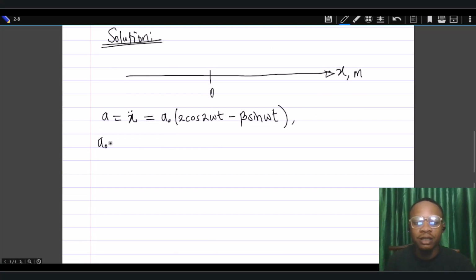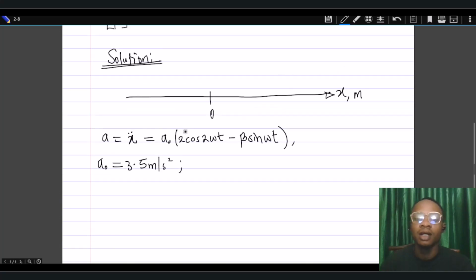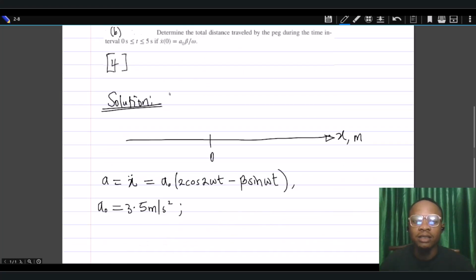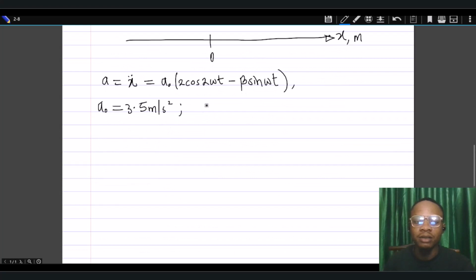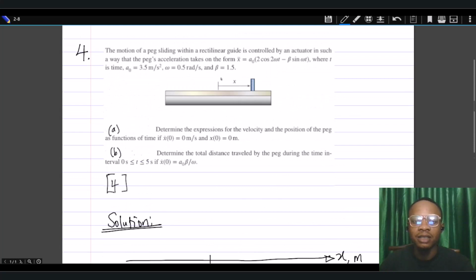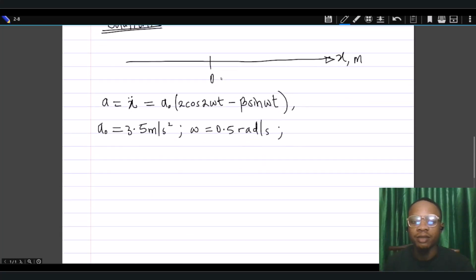We have been given that a naught is 3.5 meters per second squared. We've also been given that omega is 0.5 rad per second. And we also know that beta is 1.5. Okay, so it's unitless, it's just 1.5.